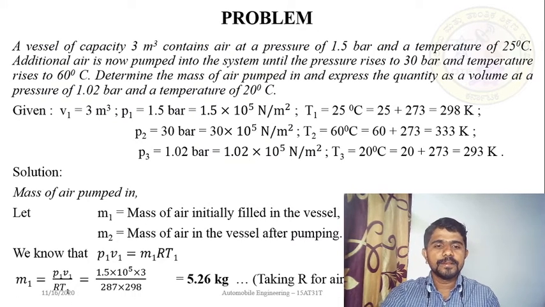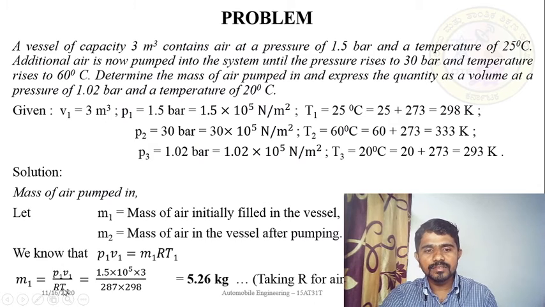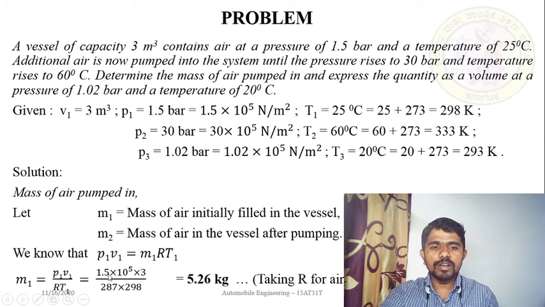Okay. So M1 is equal to P1 V1 divided by R T1. Can I write like this? Yes. So this is equal to P1, 1.5 times 10 to the power of 5, into V1, which is 3, divided by R, taking R for air as 287 joules per kg Kelvin, into 298, which is the value of T1.